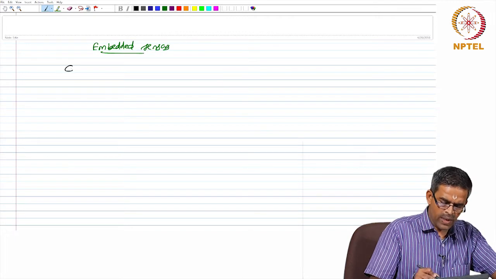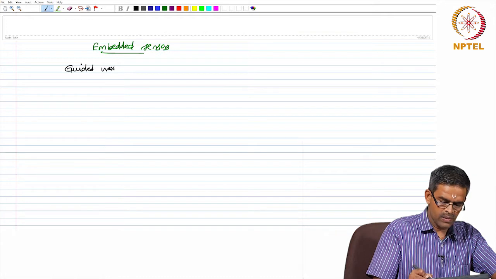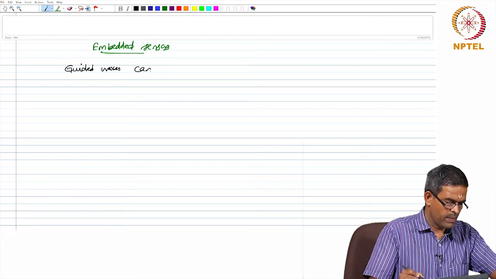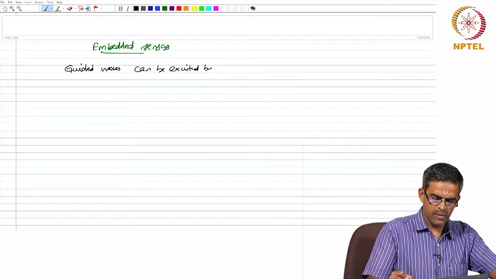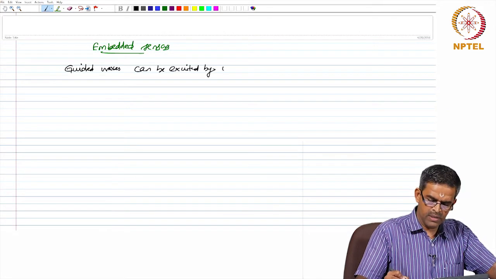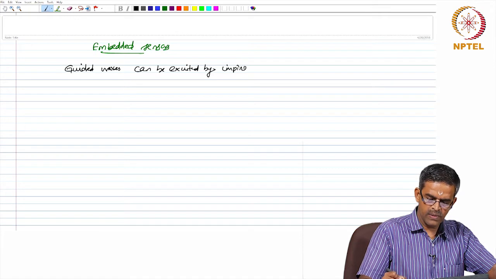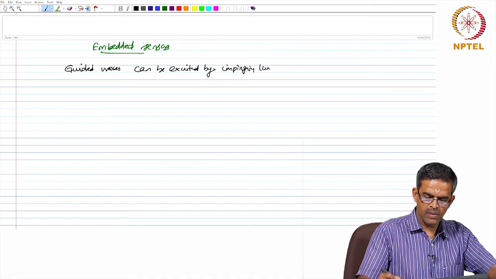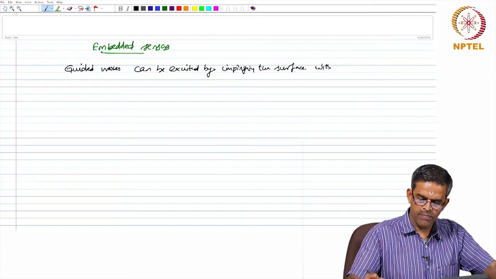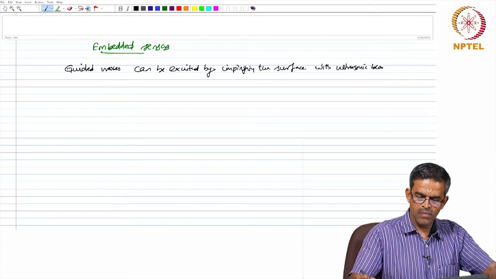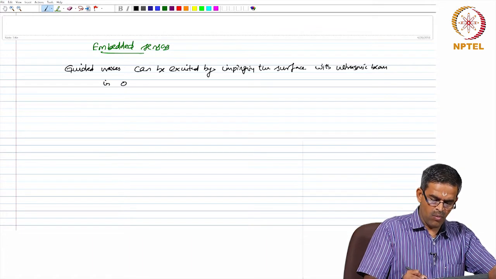Now, the guided waves can be excited by impinging the surface with an ultrasonic beam at an oblique angle.